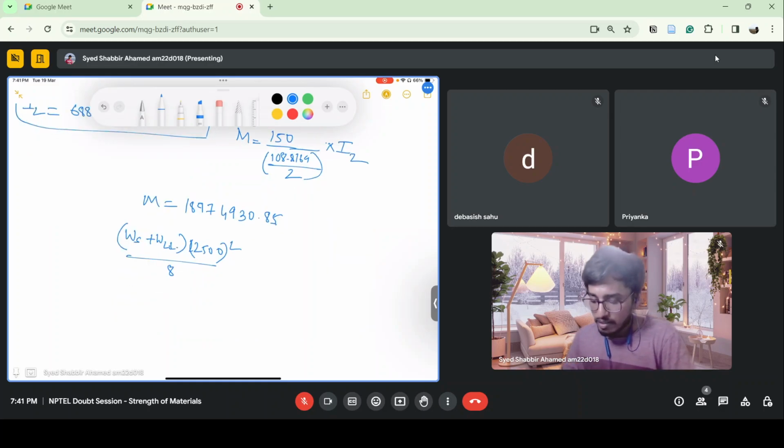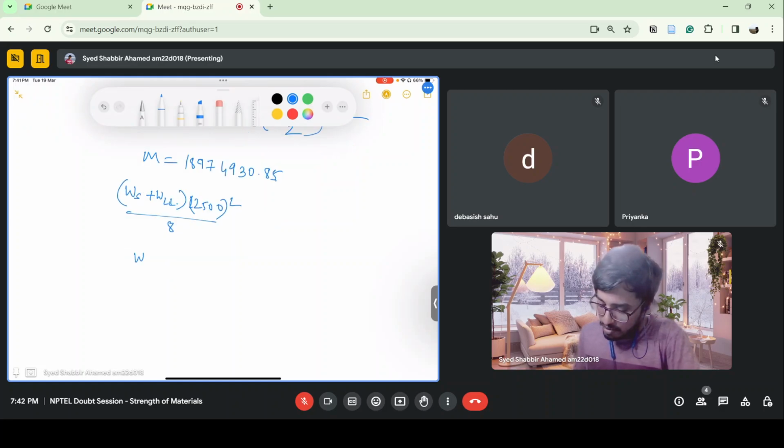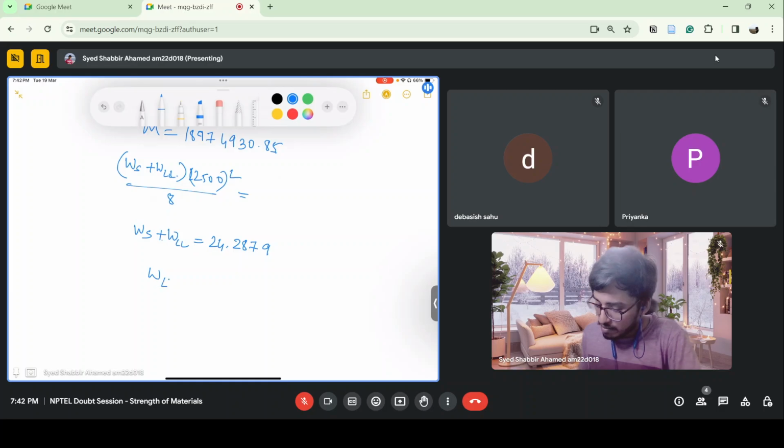So you can get W_S plus W_L equal to 24.287, and live load can be calculated by subtracting the self weight, and it is equal to 23.786 kilonewton.